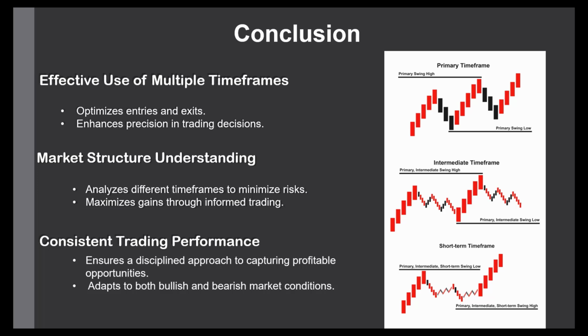Do you see? Sometimes we use the short-term time frame as an entry. Sometimes we use the 5-minute time frame as an entry. This is how we trade market structure using Lawrence's multi-time frame strategy. So this is one of the most profitable strategies that you have ever come across on the internet.